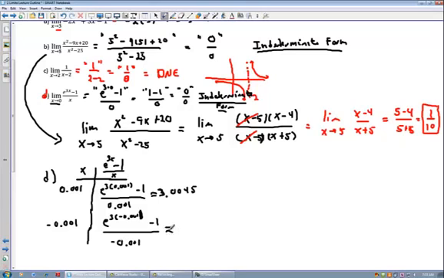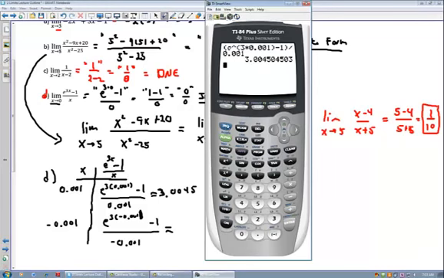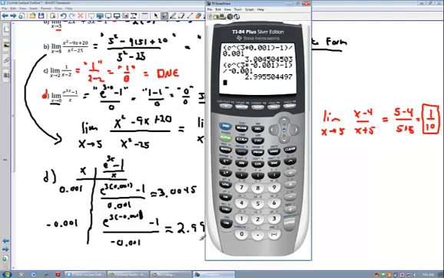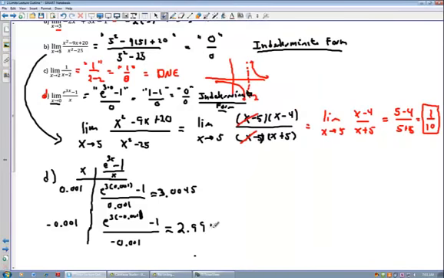And again, I'm going to put this into my calculator and try to speed things up. I'll just hit second entry, and then I'll insert a negative sign here, and I'll go up here and insert a negative sign here, and I get out 2.9955.